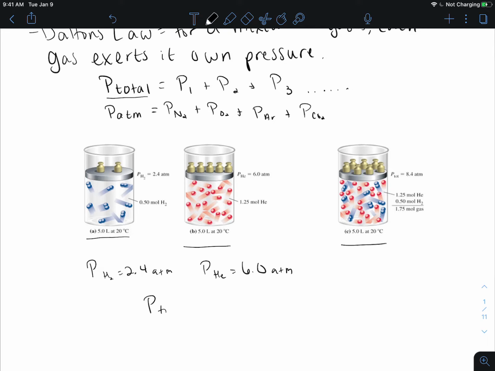So our P total would be 2.4 atmospheres plus 6.0 atmospheres, which gives us 8.4 atmospheres of pressure. So very easy.